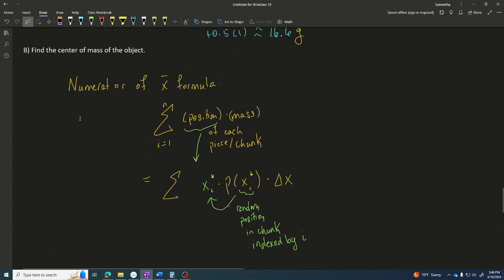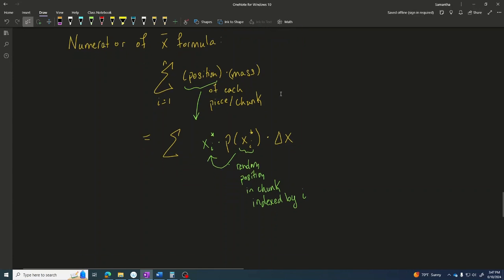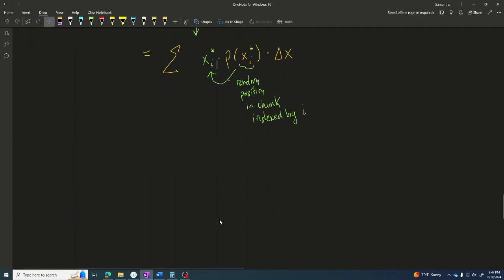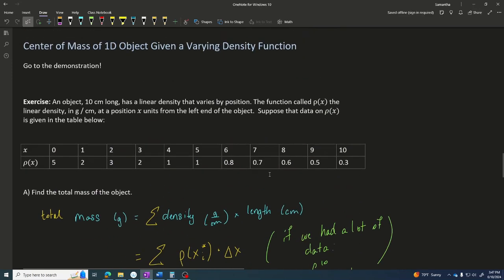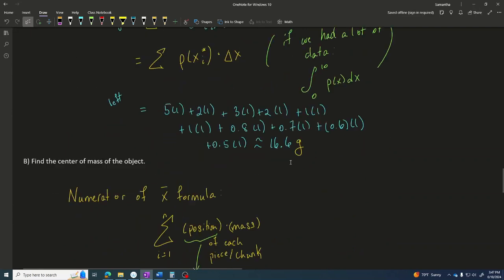So the numerator of the center of mass formula could be found using this expression right here, and that addition, that sum, is going to be an estimate for the quantity in the numerator of the x bar formula in a setting like this one.